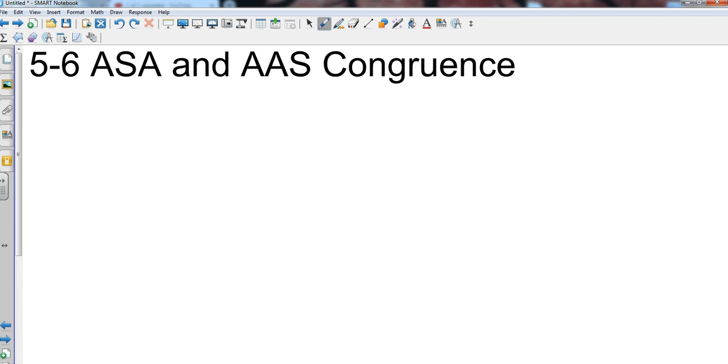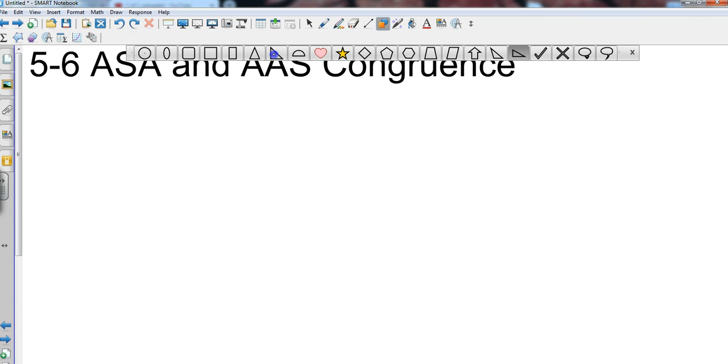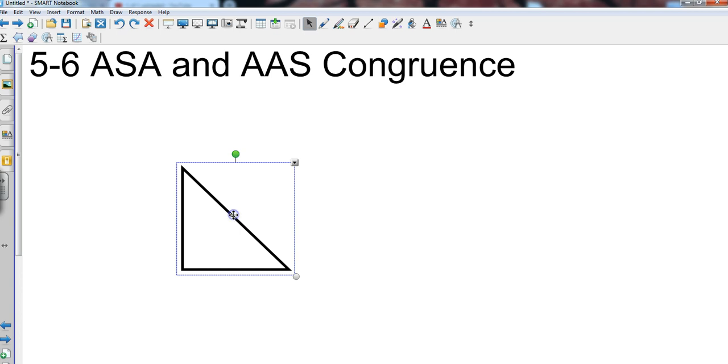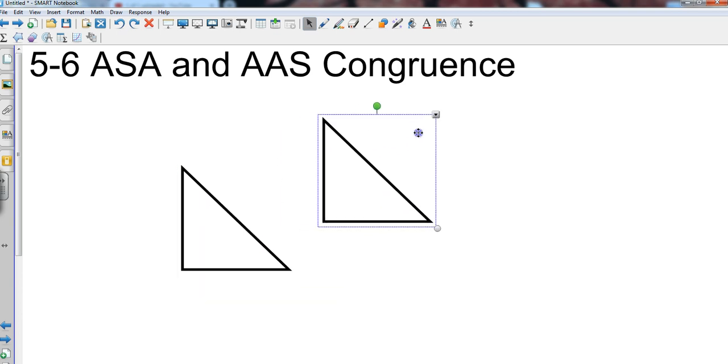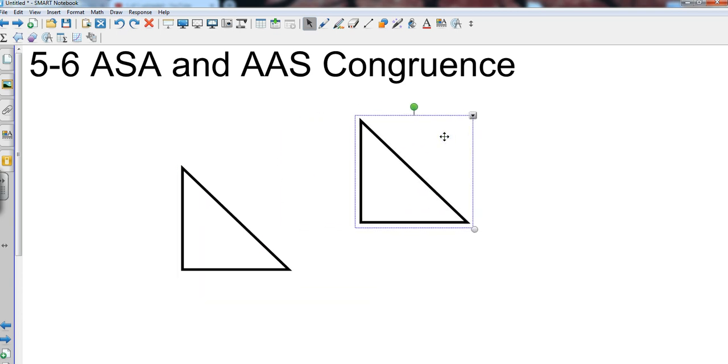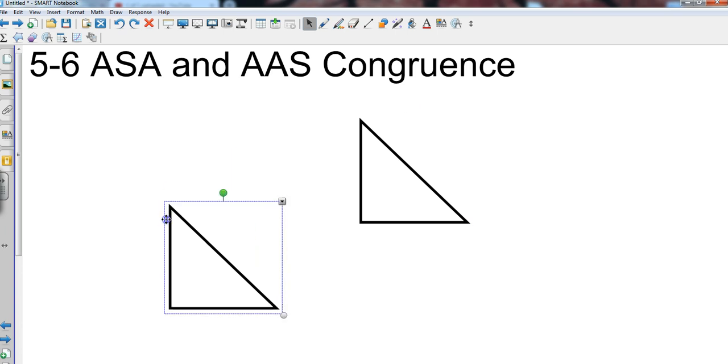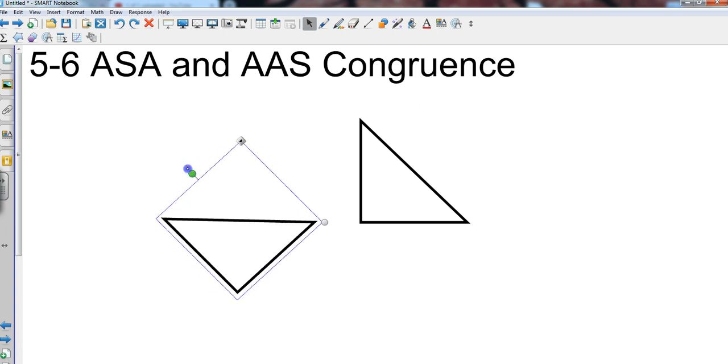And so what would that look like? Well, if I had a couple of triangles, see if I can get these to do what I want with them. Clone the second one. And so let's see if I can get that there.